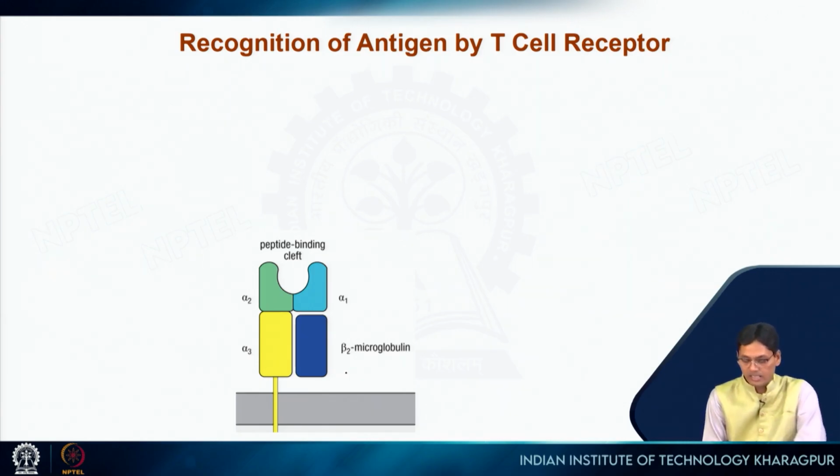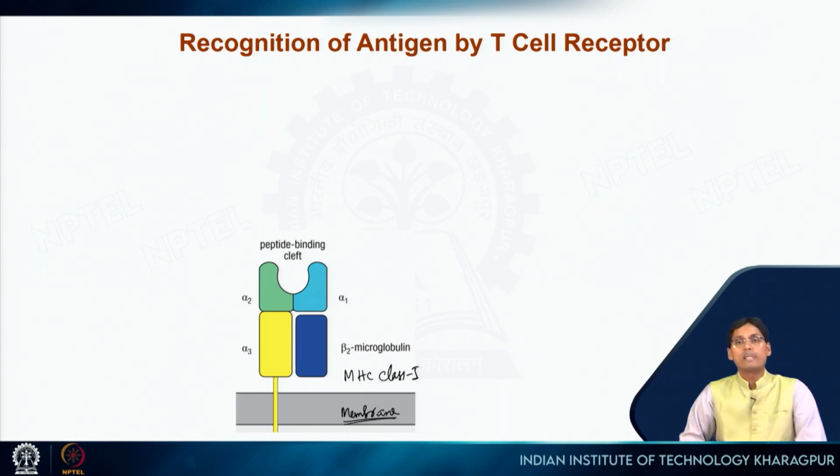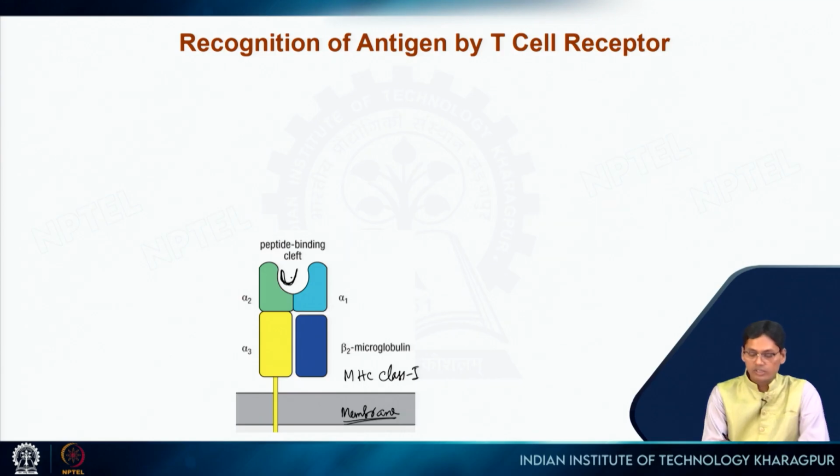For example, this is MHC class 1. This is the membrane. So on the antigen presenting cell, this class 1 MHC may be presenting some peptide here. So this is our peptide now.